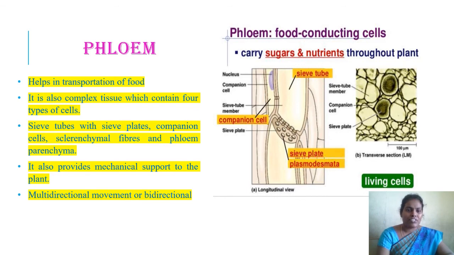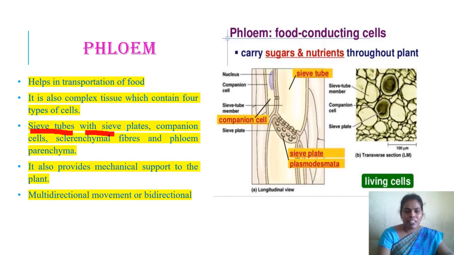If you see the structure of phloem, it is also a complex tissue like xylem, which contains 4 types of cells. These are sieve tubes with sieve plates, companion cells, sclerenchymal fibers, and phloem parenchyma.